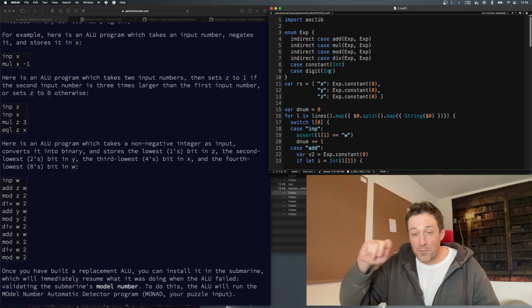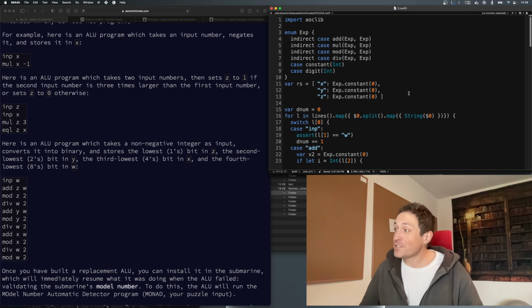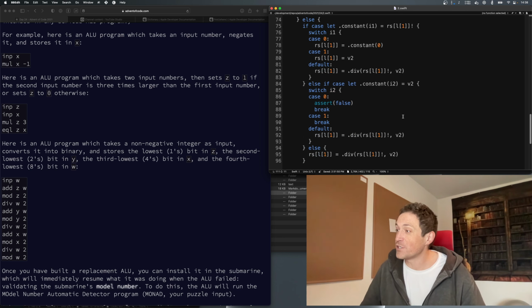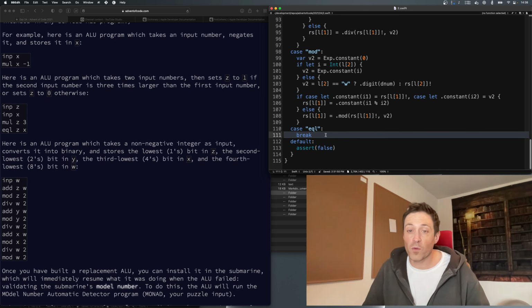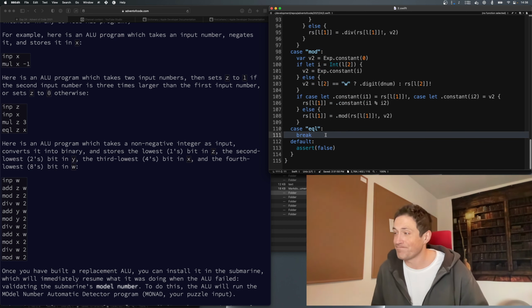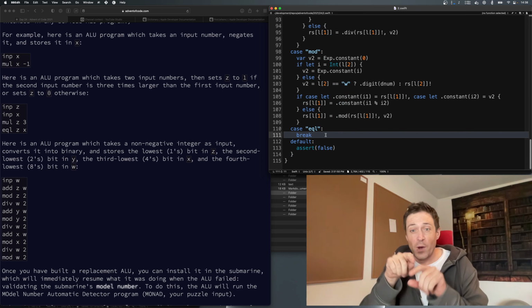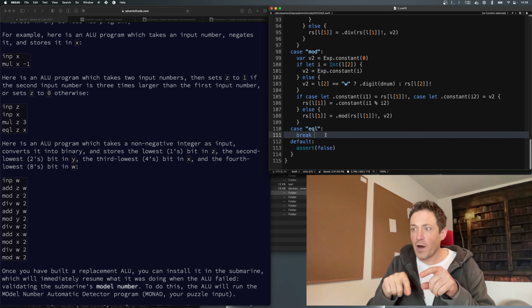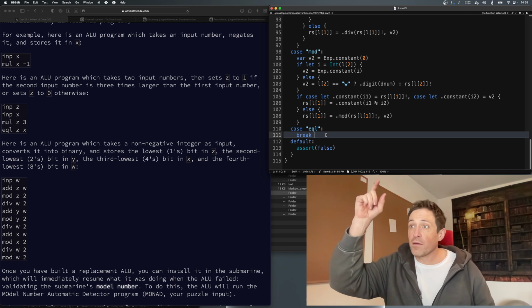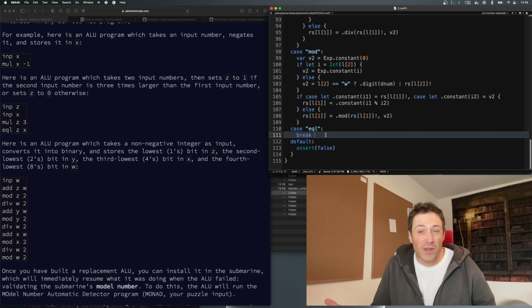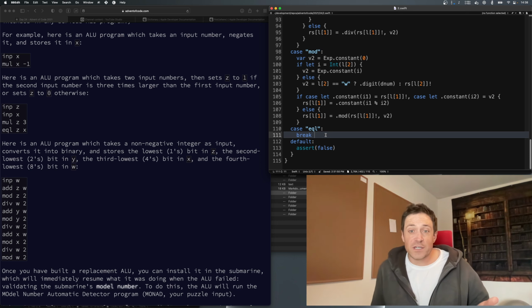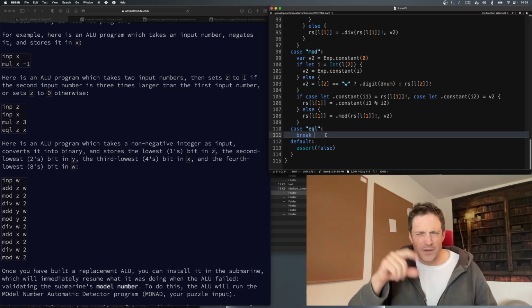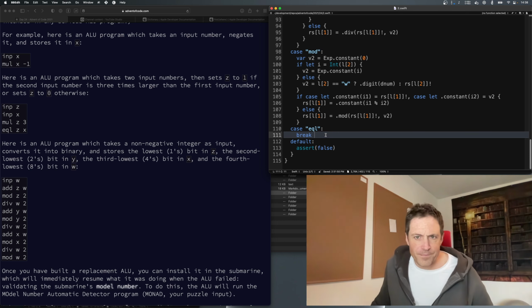So, yes, I thought you could do all that, but you still would have some branching, because you'd have this equal instruction that I hadn't implemented yet, where you say, if these two things are equal, then take this branch, and if they're not, then do the other. And I had looked through the program, and there are only a half dozen of those. They generally seem to come in pairs for whatever reason.